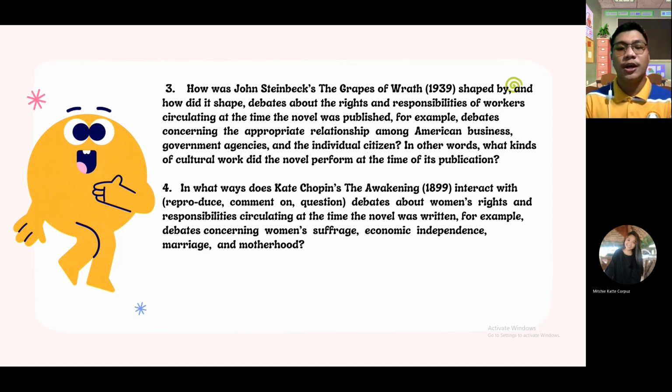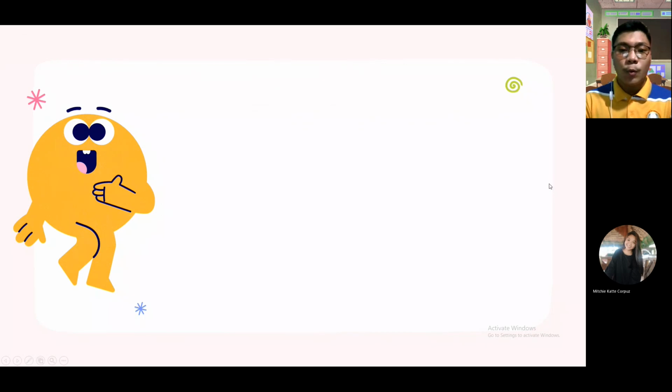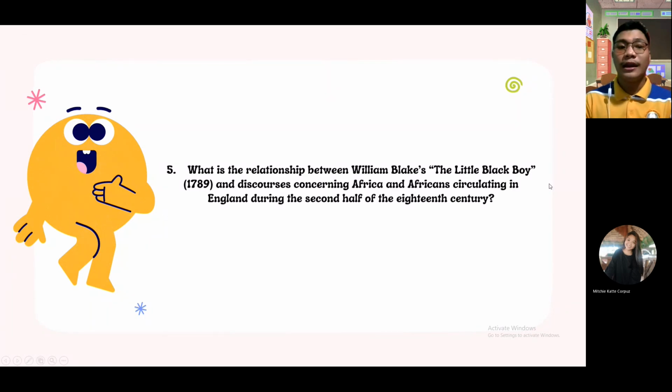And the last question we have: what is the relationship between William Blake's The Little Black Boy in 1789 and discourse concerning Africa and Africans circulating in England during the second half of the 18th century?